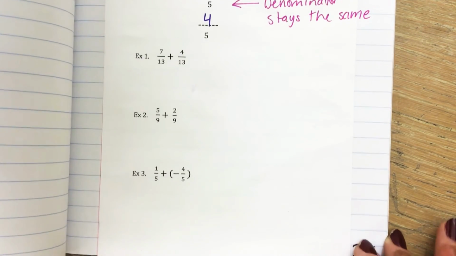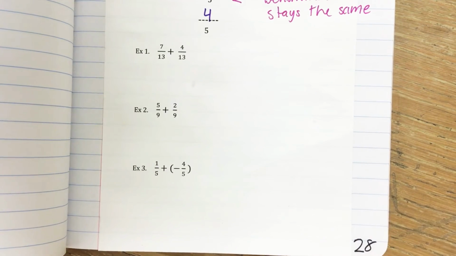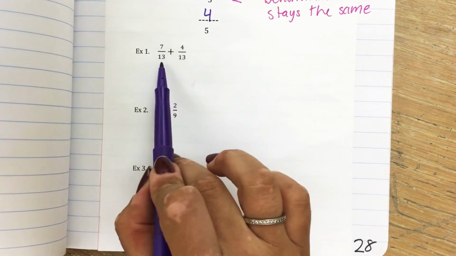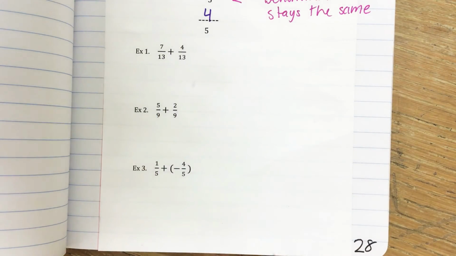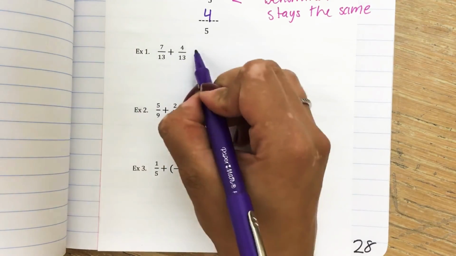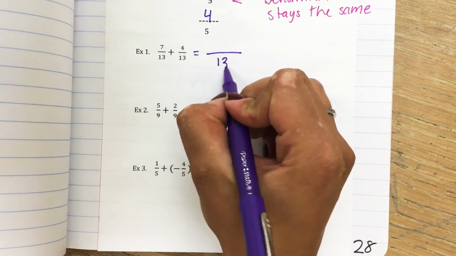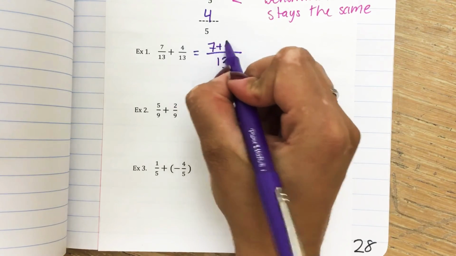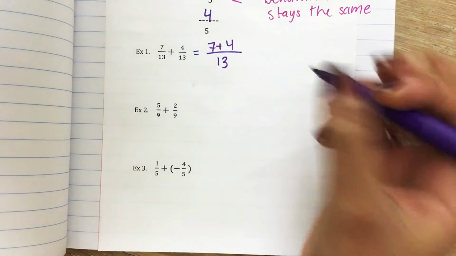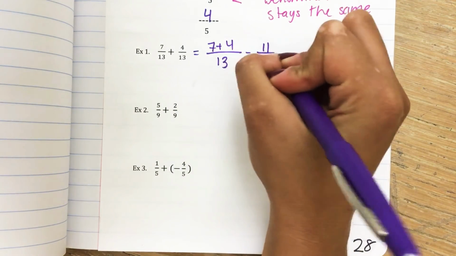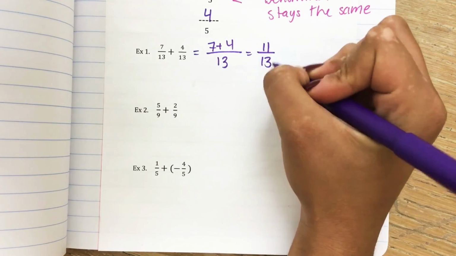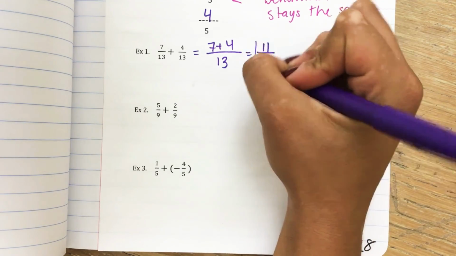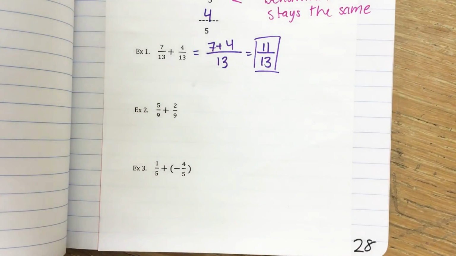We're going to go ahead and look at our 3 examples on the bottom. We have 7/13 plus 4/13. The denominator is the same, so the denominator stays the same. I just need to add the numerators, 7 plus 4, which gives me 11 over 13. These don't have anything in common, so that's my final answer, 11/13.